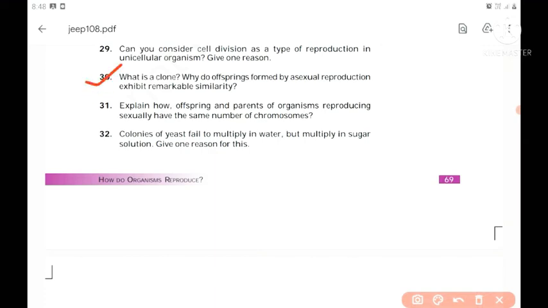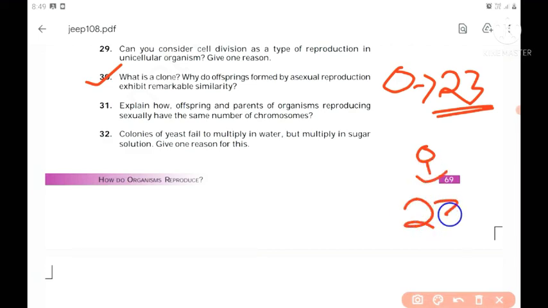Next, 31st. Explain how offspring and parents of organisms reproducing sexually have the same number of chromosomes. What they are saying is, suppose this is the parent and this is the offspring. Suppose it's a human, it has 23 pairs of chromosomes. This also has 23 pairs of chromosomes.